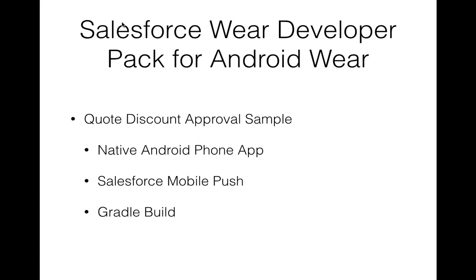You want to create an approval workflow, and then the sales manager on their bike ride wants to glance down at their watch, quickly review this quote, and then either approve or reject it, or possibly open that quote up on their phone to get more information and then take action. So those were the three actions.